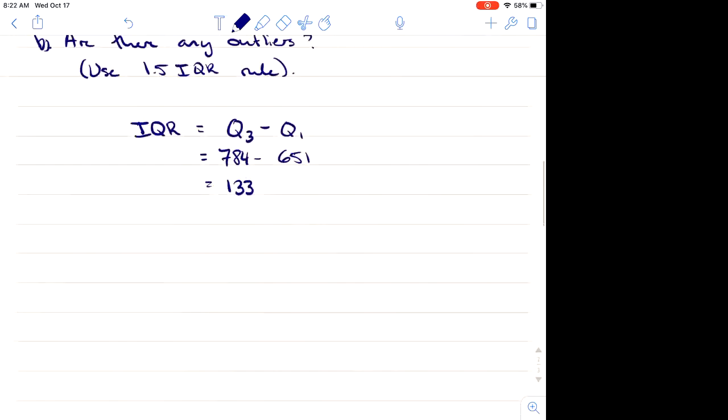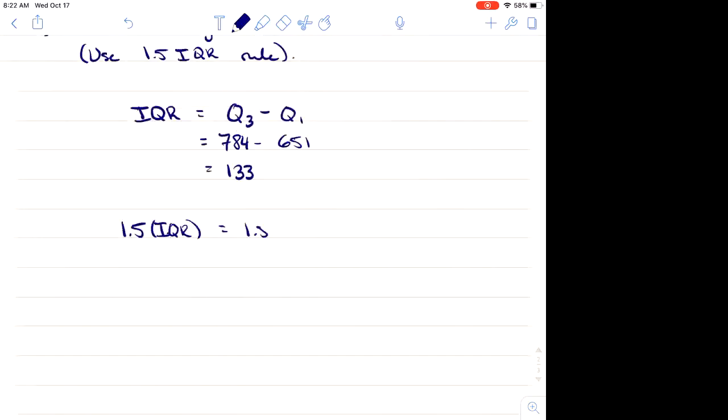While we're at it, we can calculate the 1.5 times IQR. This is a separate calculation, so we want to be careful. So 1.5 times 133, 199.5.